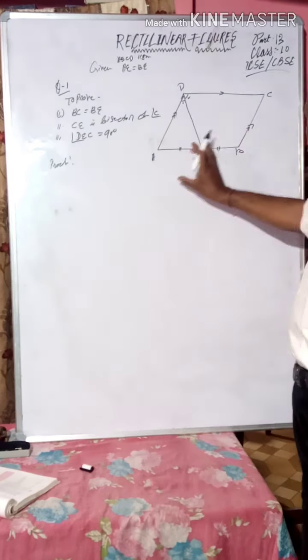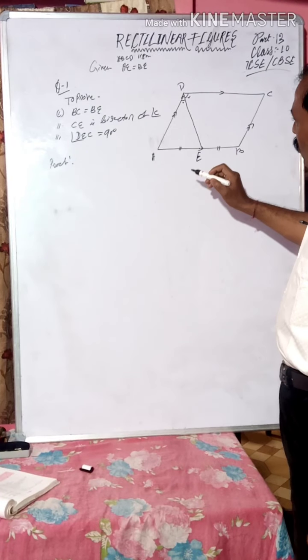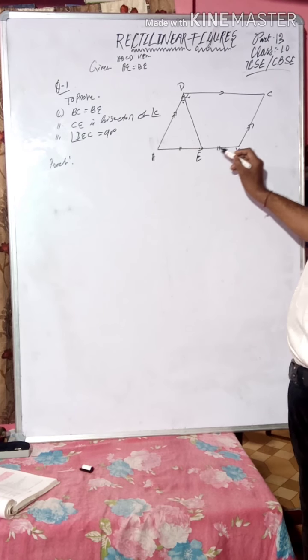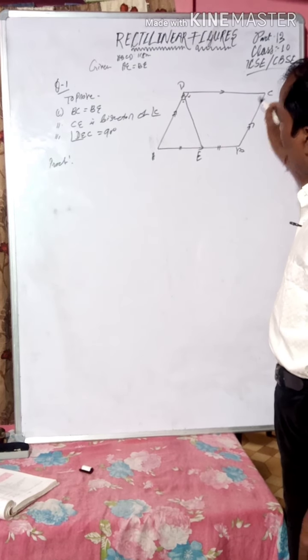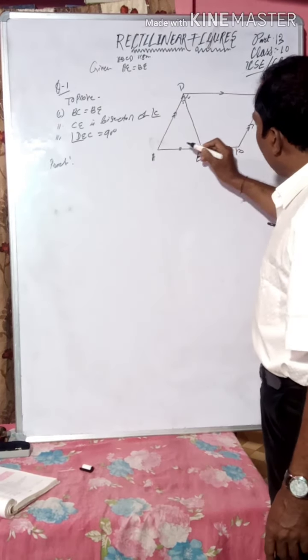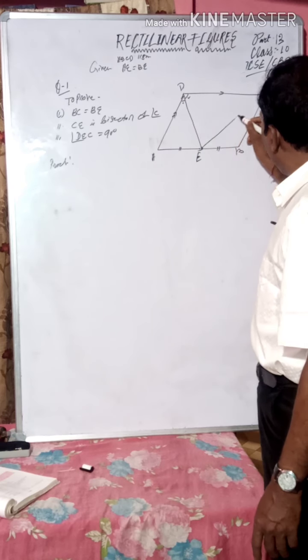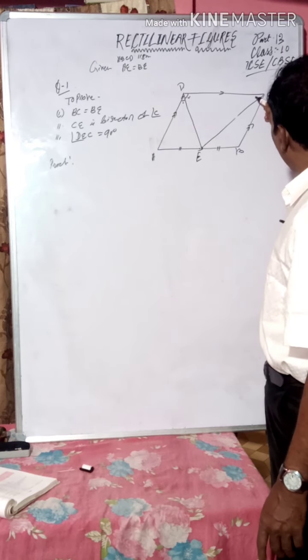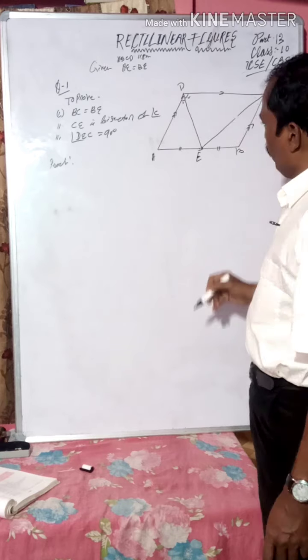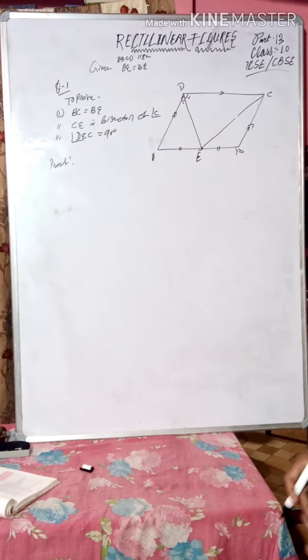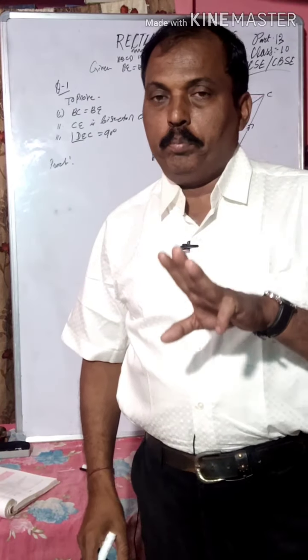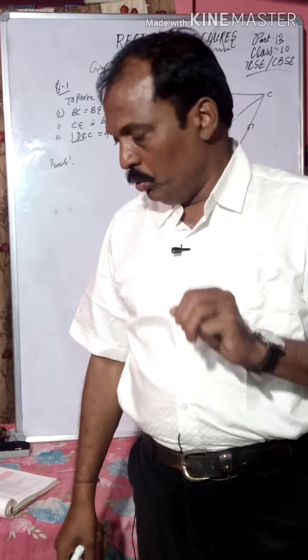So we have to prove BC is equal to BE, and CE is the bisector of this angle, and angle DEC is equal to 90 degrees. There are three proofs we have to do.